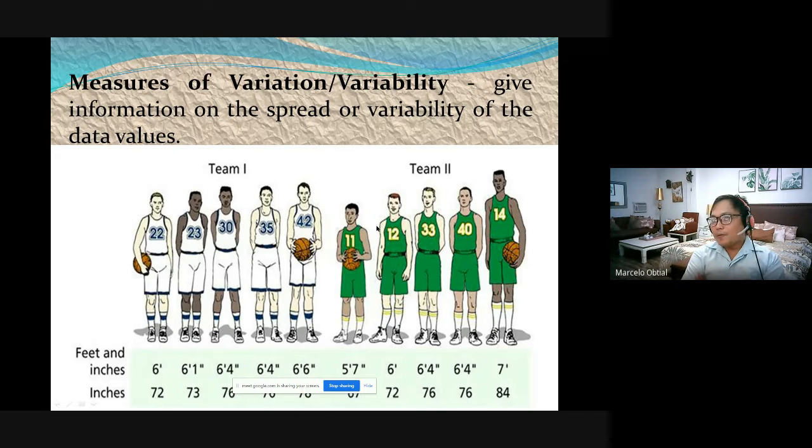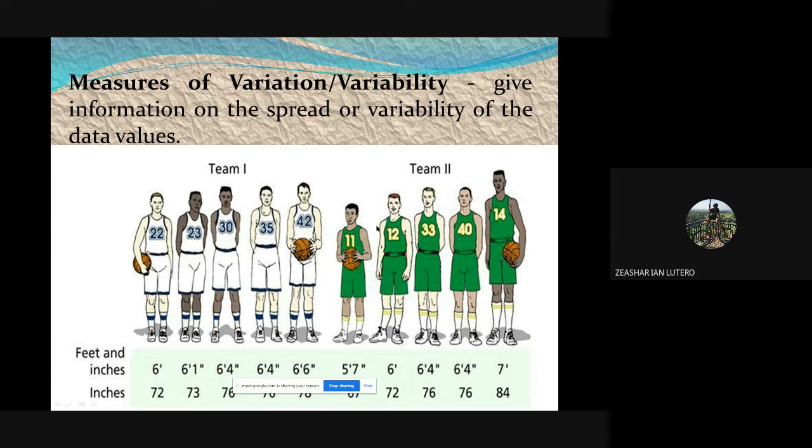Pero we are talking about heterogeneity, okay? The opposite of heterogeneity is more homogeneity. Pare-pareho. So, in terms of pagkakapare-pareho ng heights or pagkakaiba ng heights, saan dito ang mas nagbabari? The same pa din answer natin, Ayan? Team 1 pa rin. Para sa iyo. Okay.